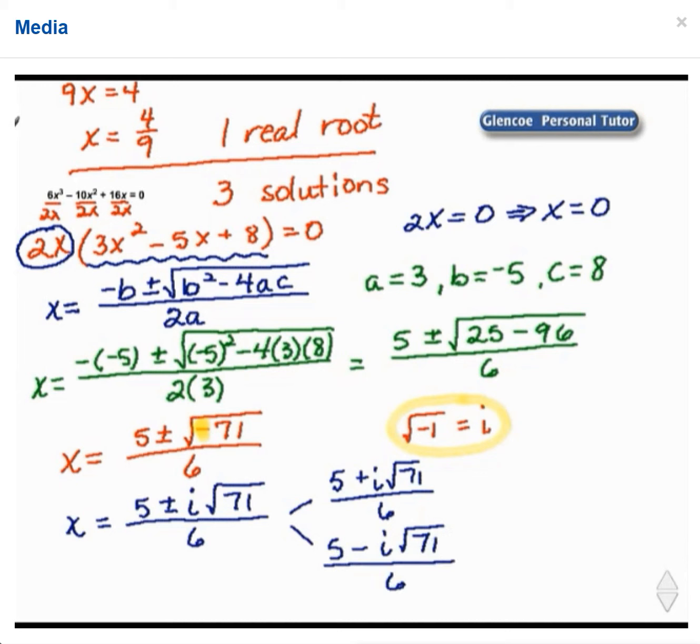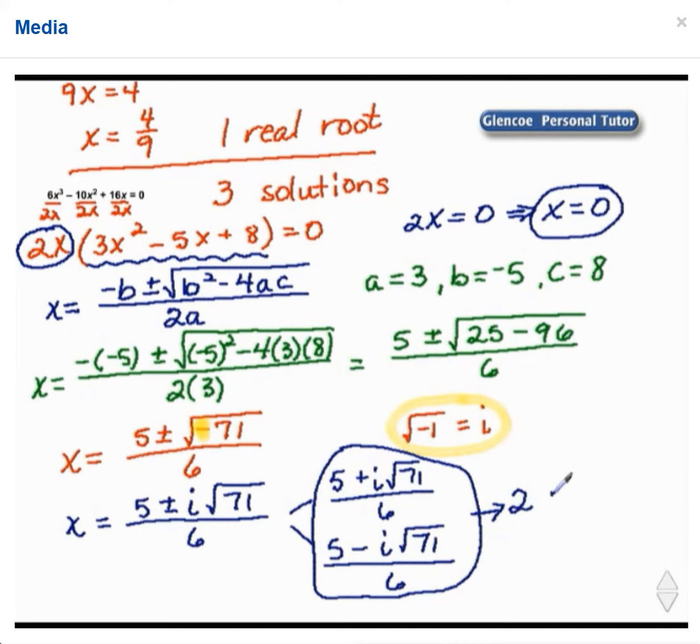So we have x equals 0, and we have these two solutions here that we just found, and these two solutions are complex. So we have two complex roots, and x equals 0 is one real root, for a total of 3 solutions.